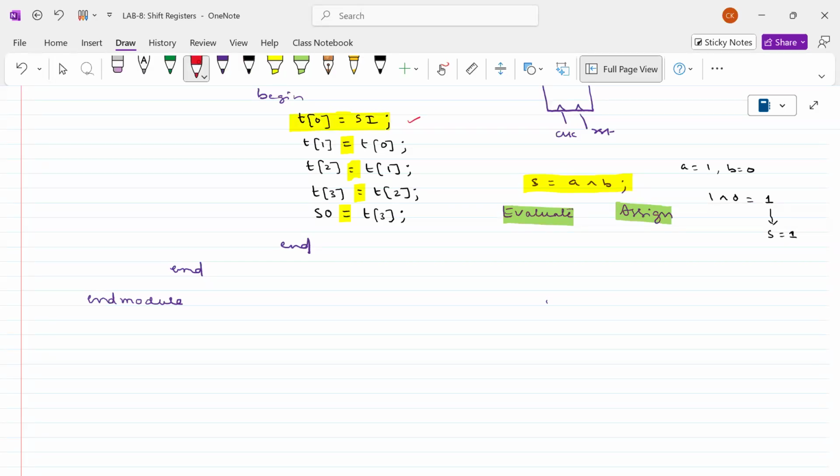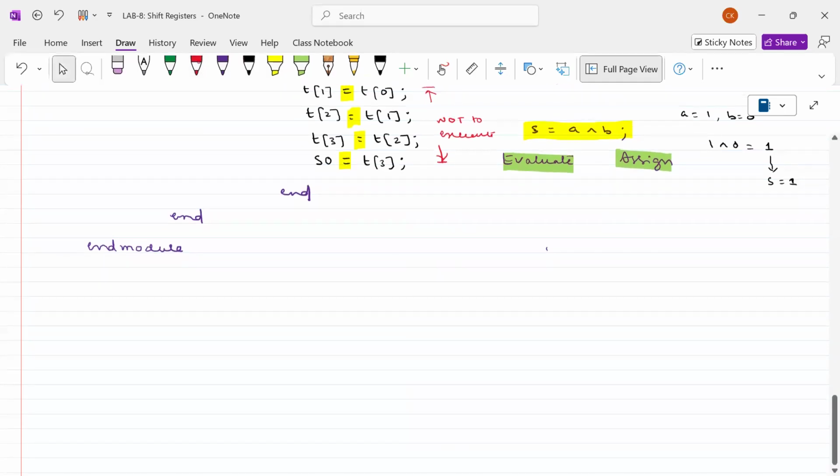This particular assignment is blocking the other statements from executing. Unless the first statement is evaluated and assigned, it cannot go to another statement. That's the reason why this is called blocking assignment. The equal to sign stands for blocking assignment.